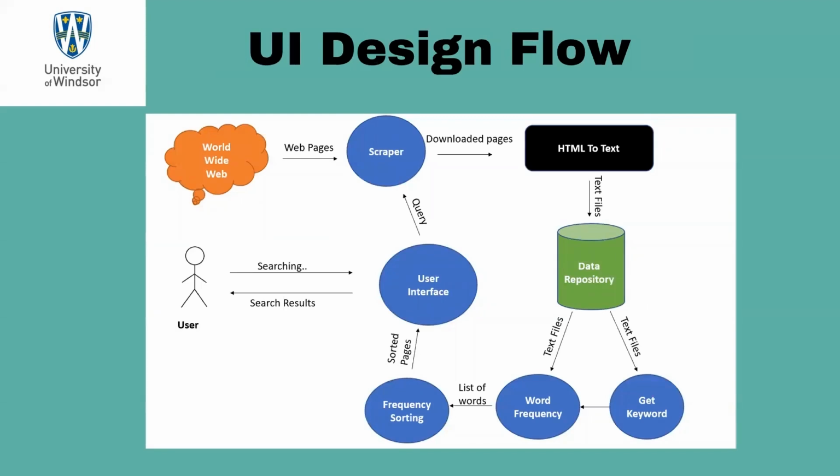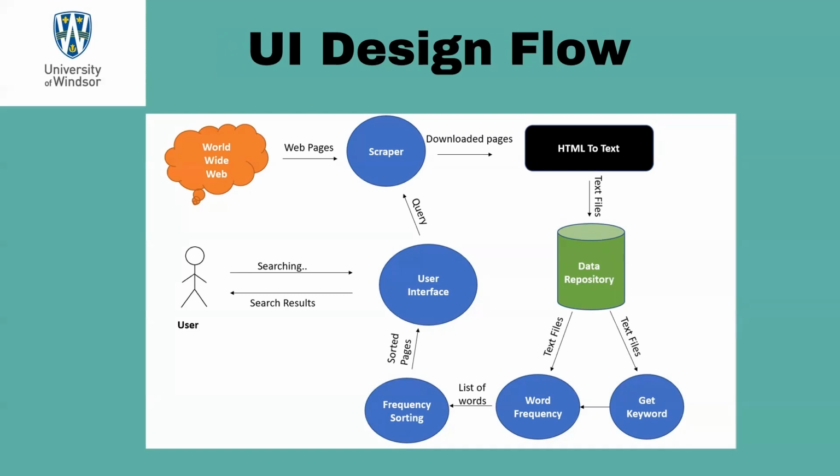So coming back to the UI design flow, a user searches for a particular keyword or sentence on the search engine, that is on the user interface, and it queries the scraper. From the World Wide Web, it downloads all the pages, which get converted from HTML to text, and the text files are stored in the data.